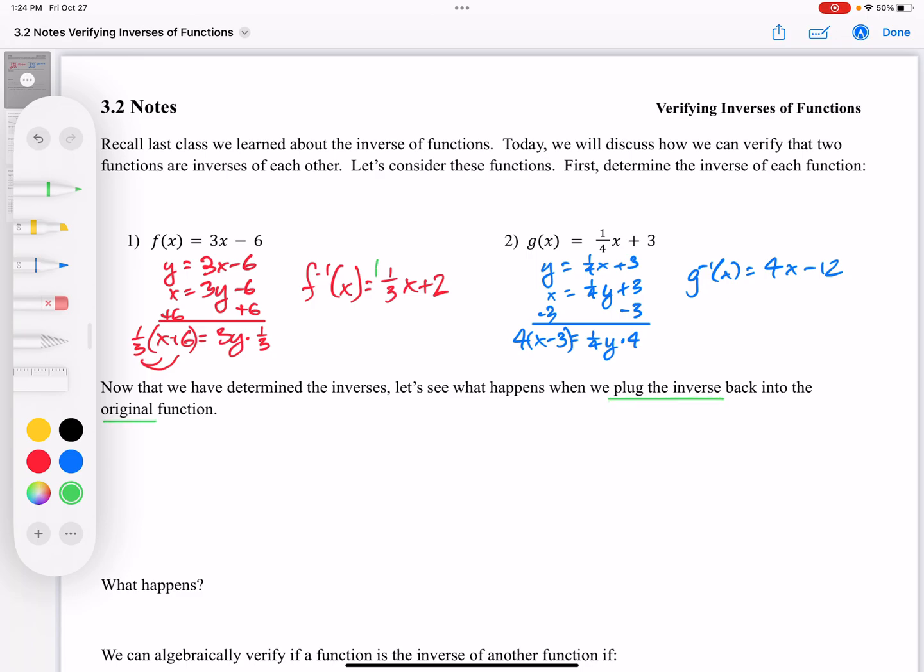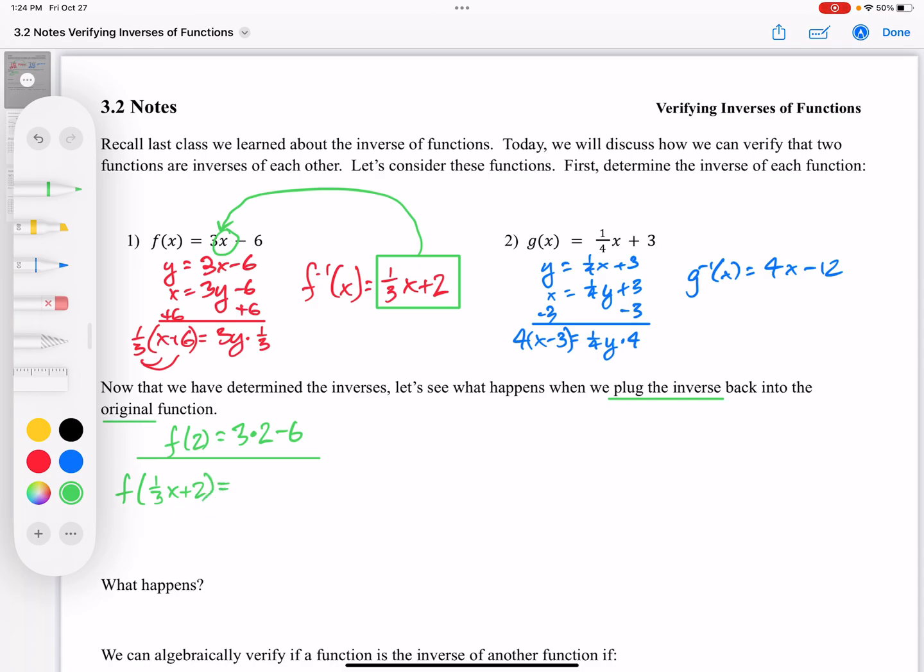All right, so what I'm going to do is take this inverse function and plug it in here for my x. We know that if I did something like f of 2, that would mean 3 times 2 minus 6, right? Well, instead, I'm going to do f of the new function, 1/3 x plus 2.